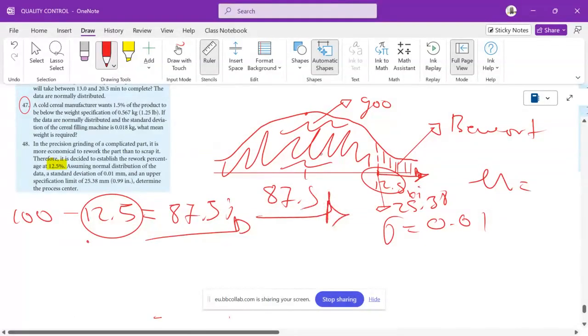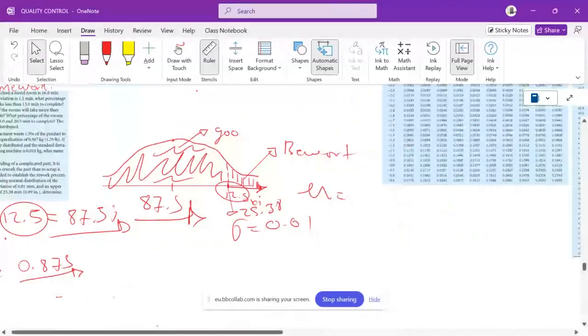This is where you determine your mean. So 87.5 divided by 100, area 1 is equal to 0.875.